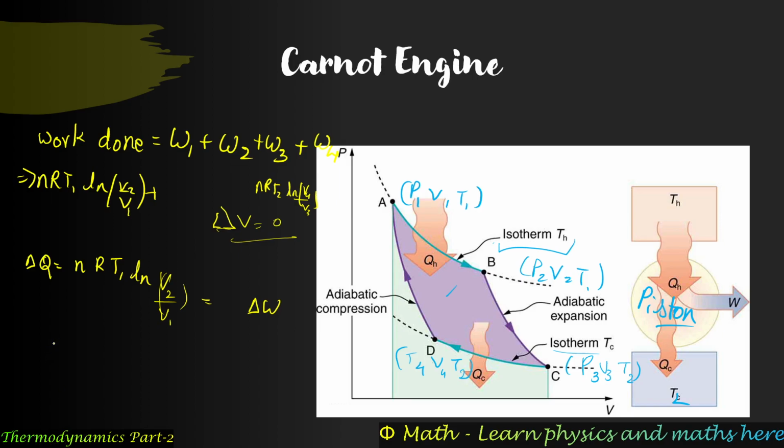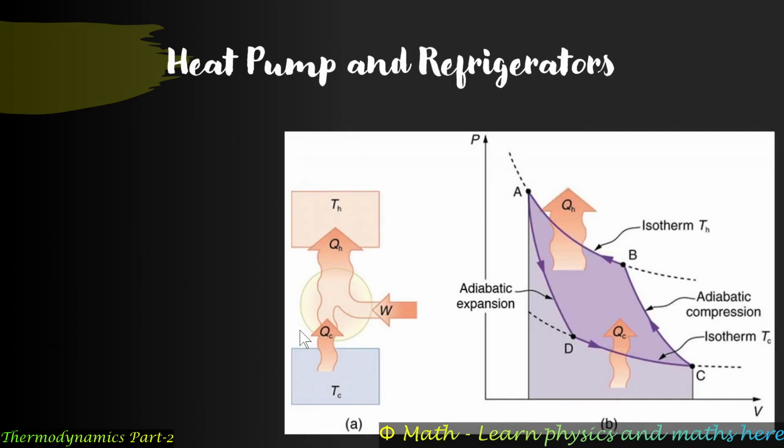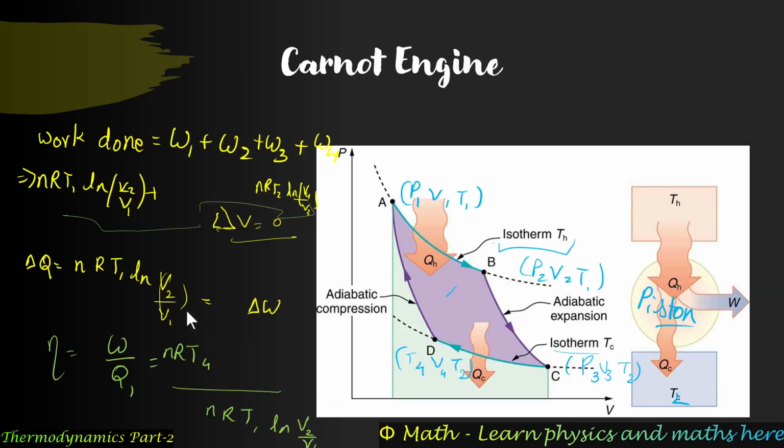So from here we know, as in the heat engine, efficiency is W by Q1. That would be equal to nR, this whole thing, divided by Q1, which is nRT1 ln V2 by V1. As we can see, most of the things will get cancelled. So as we can see, ln V4 by V3, nR get cancelled, and we will be left with T2 over T1 ln V4 over V3.